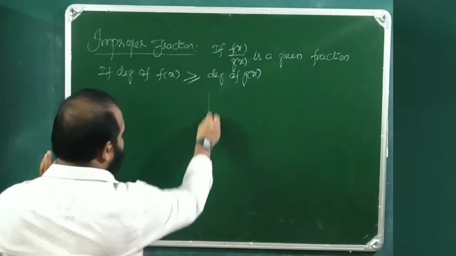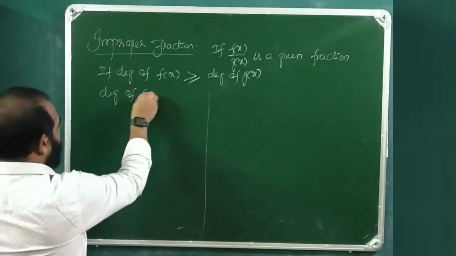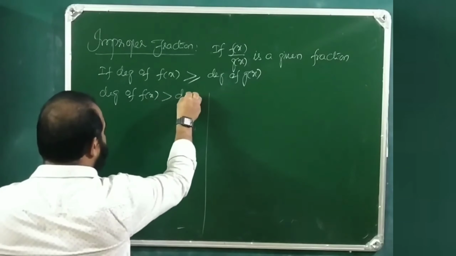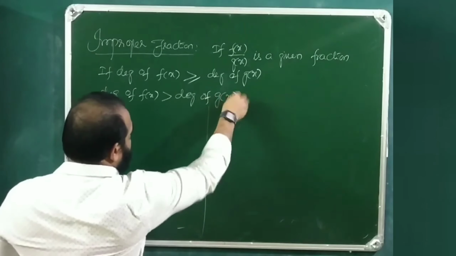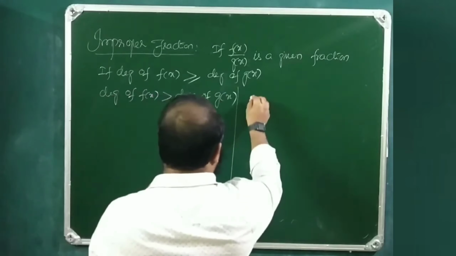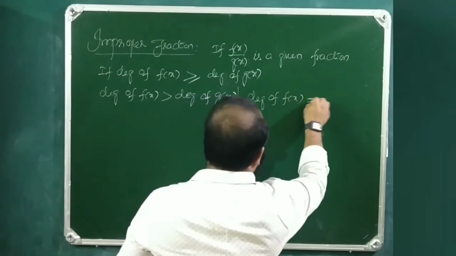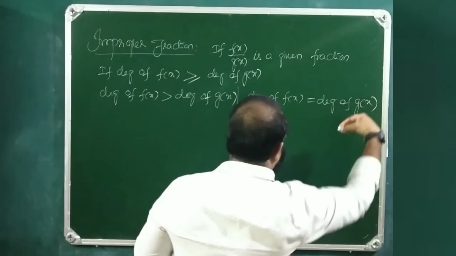Here two cases arise. One is the degree of f of x is greater than the degree of g of x, and the second one is the degree of f of x is equal to the degree of g of x.